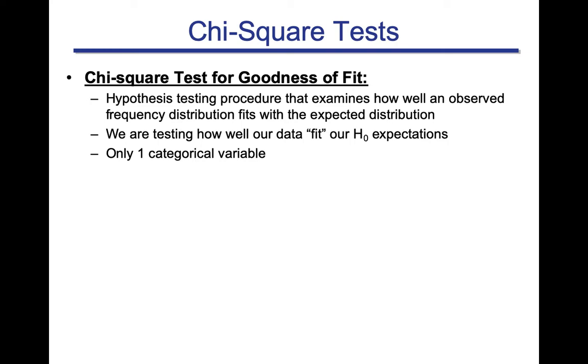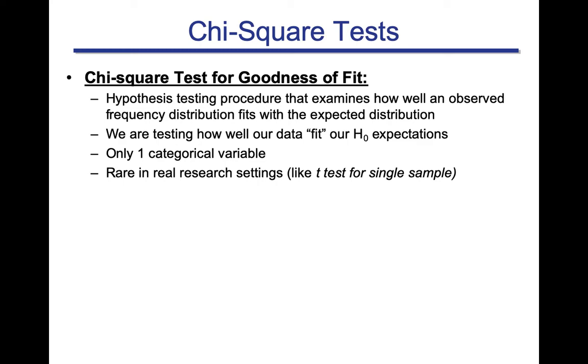Here we only have one categorical variable, so the table might have been a little bit confusing. We just have a single categorical variable. The levels can take on these different categories, and we're going to ask, does the frequency of observations that we have at each level of this variable match what we would expect if the null hypothesis is true?